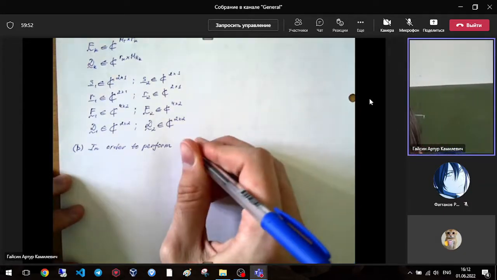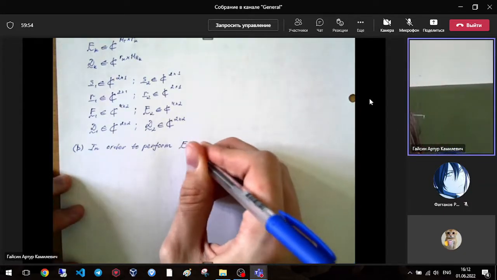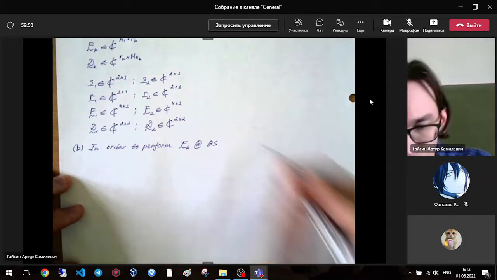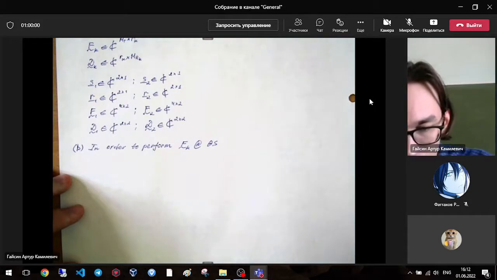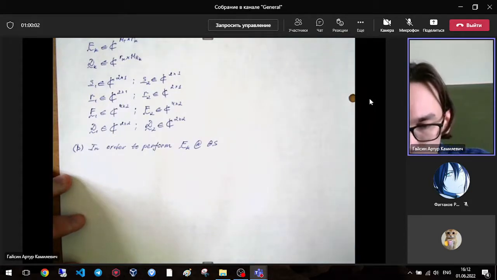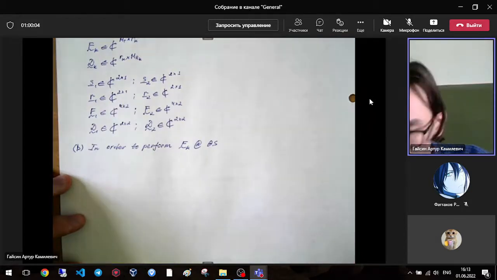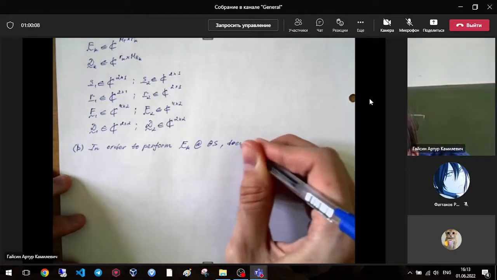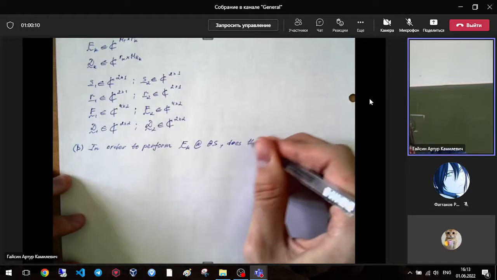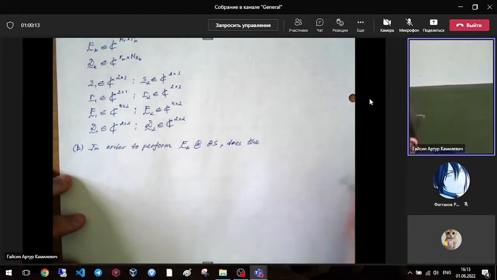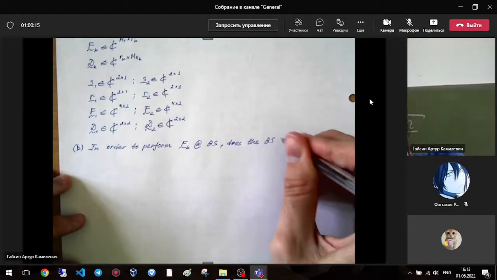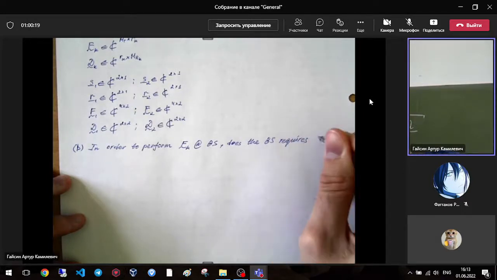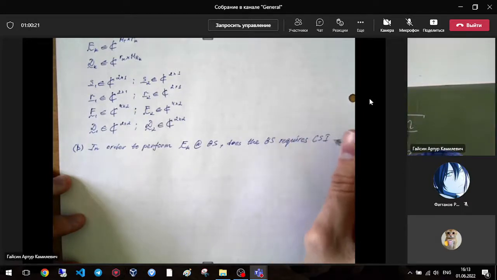in order to perform this FK at the base station, does the transmitter requires channel state information? So does the, in this case, base station requires channel state information?